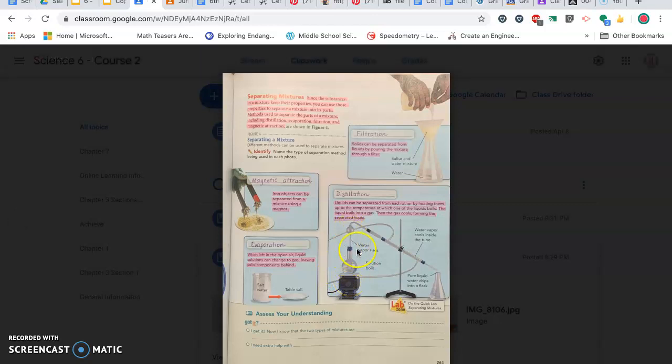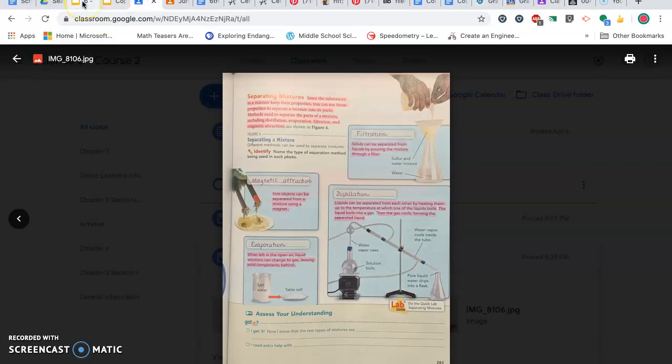This liquid, as it boils and becomes vapor, is going to come up here and it's going to collect in this tube. And as it moves its way down the tube, it's going to cool and reform into its liquid. And then the other liquid is collected here. So that's one way to separate out 2 liquids that are in a mixture.